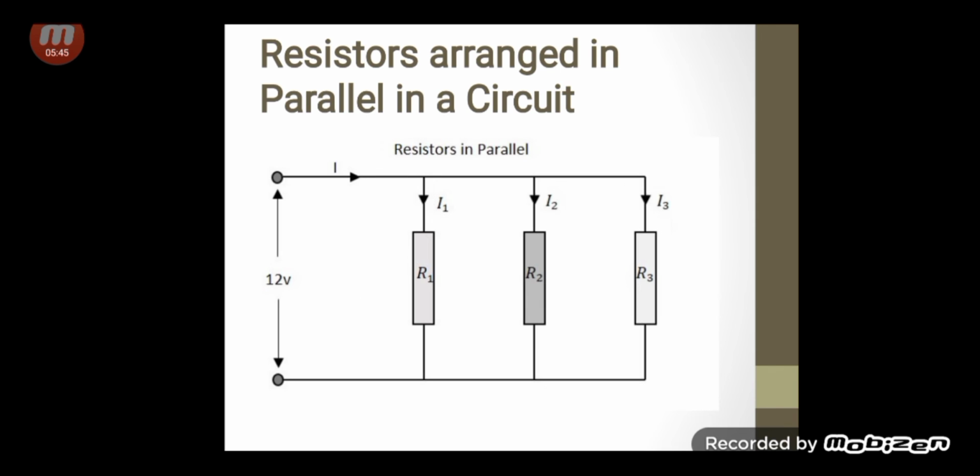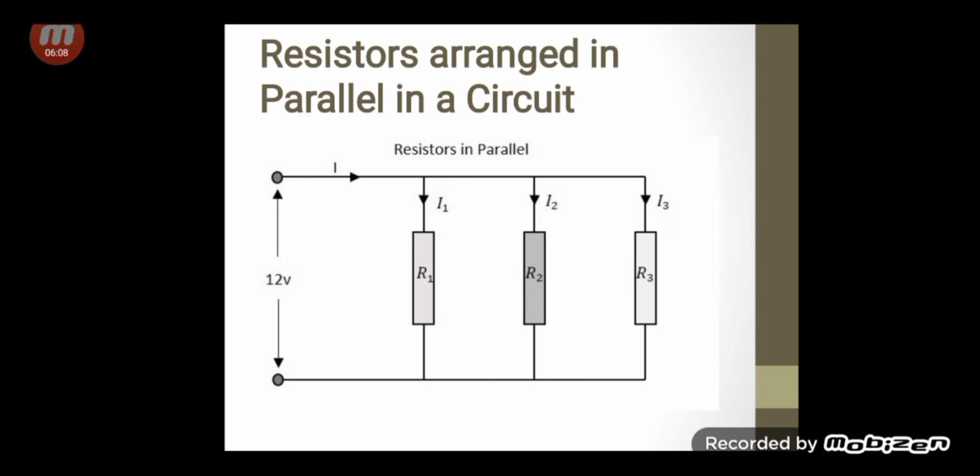Now we will discuss parallel resistance, when resistors are arranged in parallel in a circuit. Remember one thing, if the resistors are arranged in parallel, their resistance will be the minimum, but in series it is maximum. They offer less resistance when they are arranged parallel to each other.